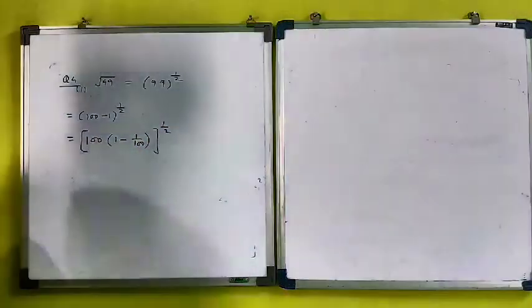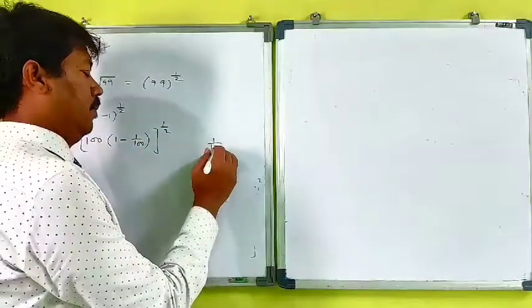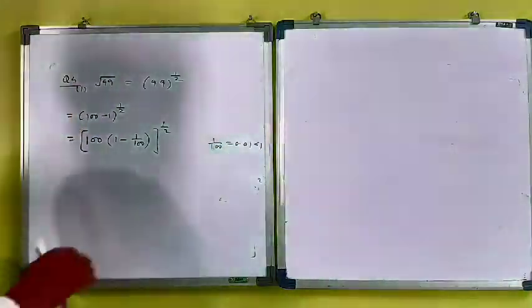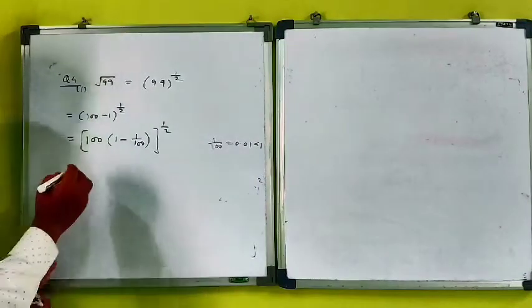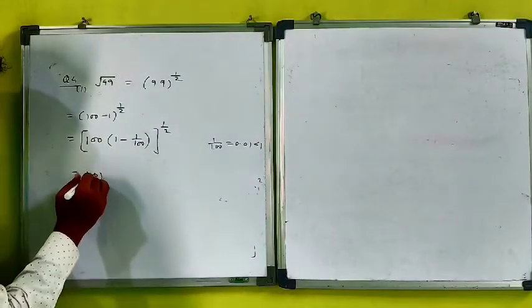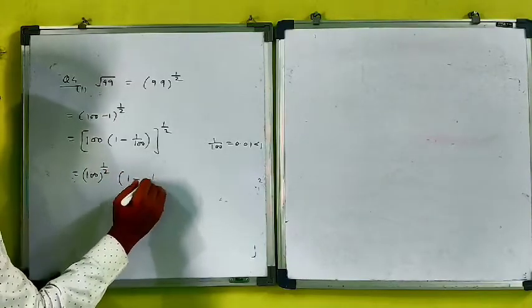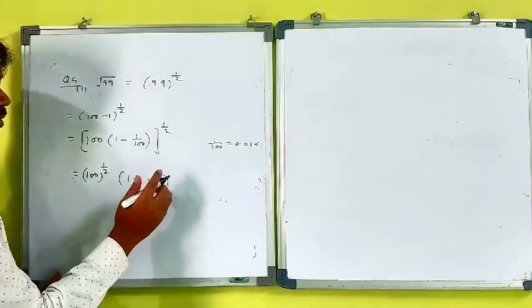So now 1 upon 100 is what? 1 upon 100 is 0.01, it is less than 1. And therefore we can use our formula in this, because this becomes 100 raised to 1 upon 2, and this is 1 minus 1 upon 100.